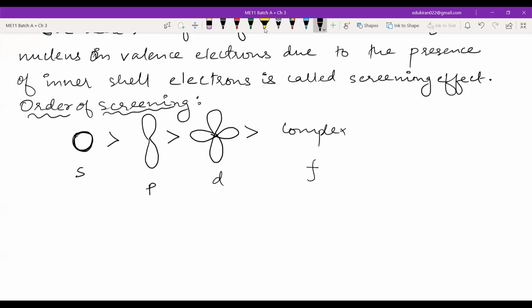Okay, this is the order of screening for subshells.